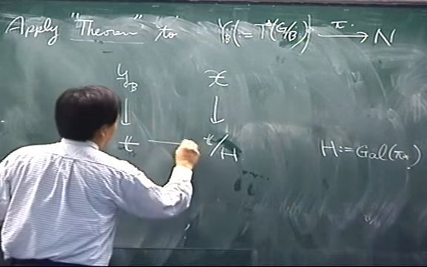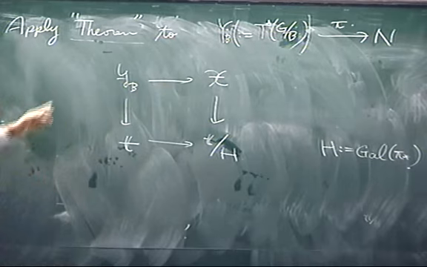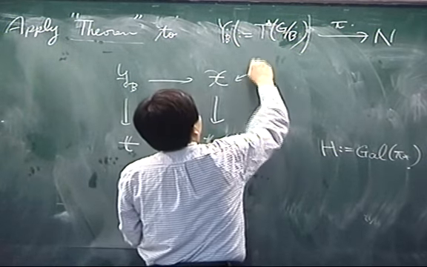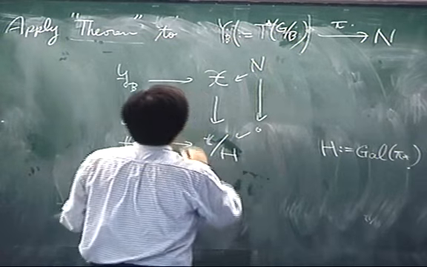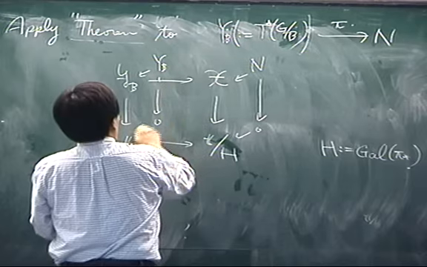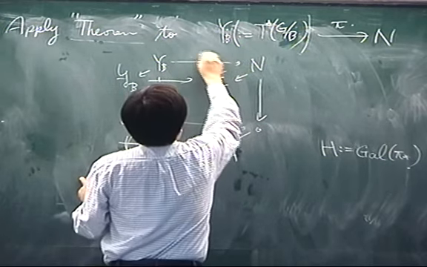So you get the following picture by applying the theorem. And of course, the central fiber is just N and Y_B, like this.